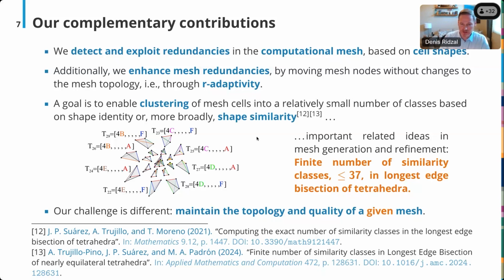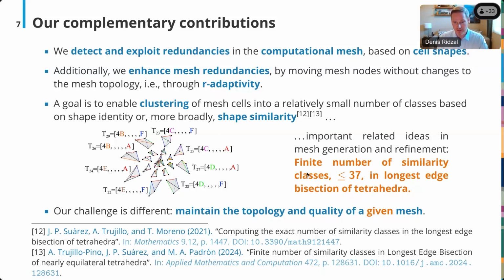And just so that we know we're not totally crazy, there are actually important ideas in mesh generation and mesh refinement, where people have tried to generate meshes with finite numbers of similarity classes. And so there are some interesting papers here by Suárez and others on computing the number of similarity classes in certain types of mesh generation schemes, such as longest edge bisection of tetrahedra.